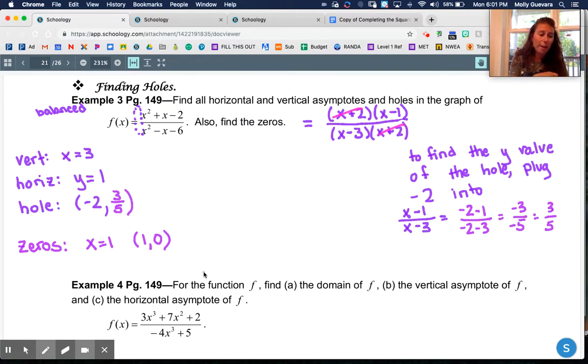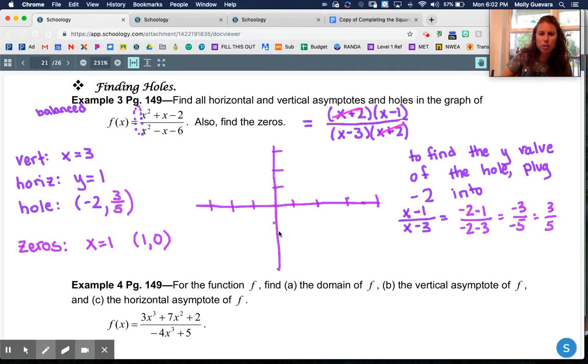So I actually know quite a bit about this graph now, right? You don't have to sketch it, but just to show you kind of where we're going with this, okay? So here's the graph. You did an awesome job. Something like this. I just want to show you where we are going with this, right? So I have a vertical asymptote here at 3. I have a horizontal asymptote at 1.